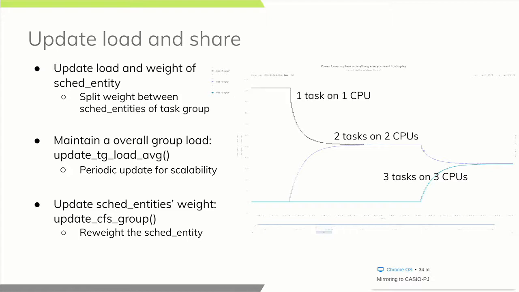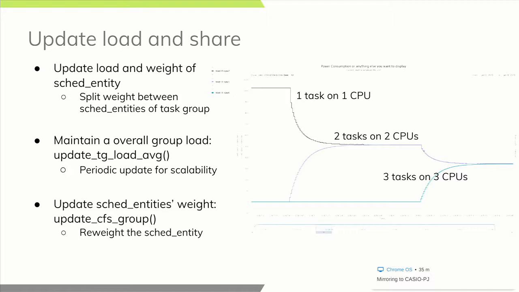But when there are other tasks running on other CPUs from the same C group, we are sharing the weight, we are sharing the priority, and the load is divided as well. So at the end, when we have 3 tasks, we can see that both are going down, and the 3 load values are the same. It's 1/3.